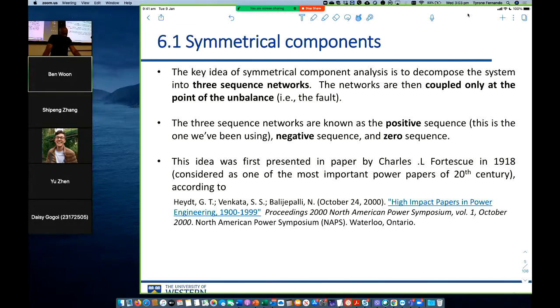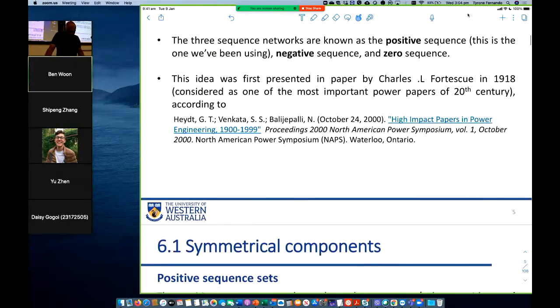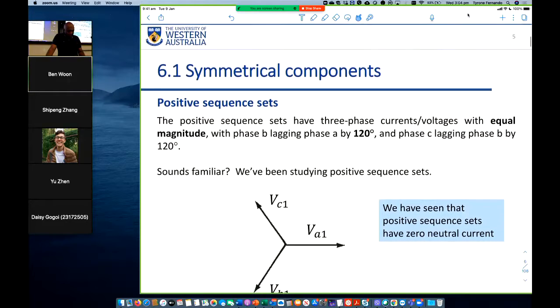The 3 sequence networks are known as the positive sequence network, the negative sequence network, and also the 0 sequence network. The idea was first presented in 1918 by Charles Fortescue, and I've given a reference for that work if you're interested in looking further into it.